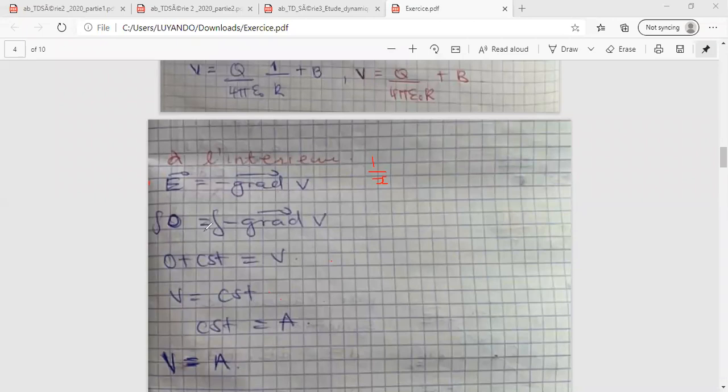V is equal to the integral of 0, which is 0 plus a constant. So V is equal to a constant, which I gave the letter A. So my potential inside is equal to a constant A.